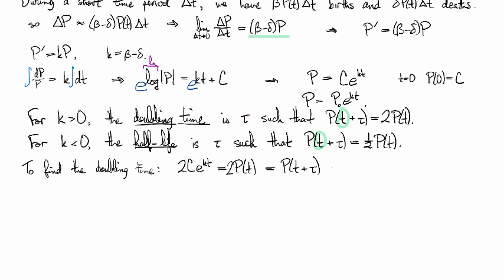Using the formula that we found, this would be C e to the k(t plus tau), or C e to the kt times e to the k tau.